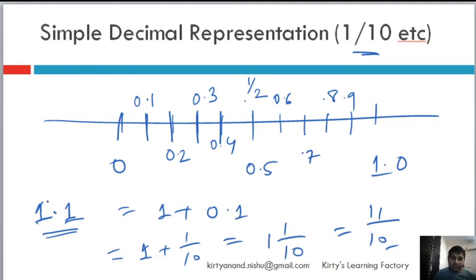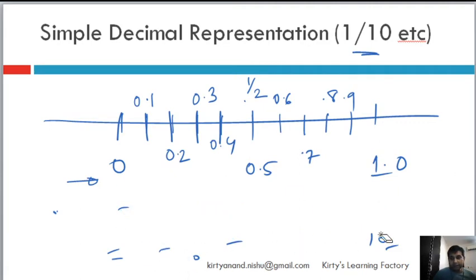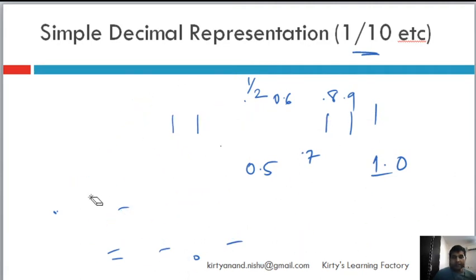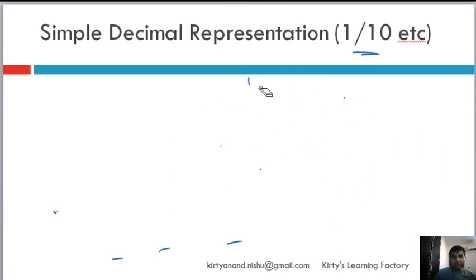So as you can see, in the decimal representation, the first place after the decimal on the right side is the 1/10 place value. And that's how the entire decimal system is represented. We can go to the second place of decimal also. So it's like place value.